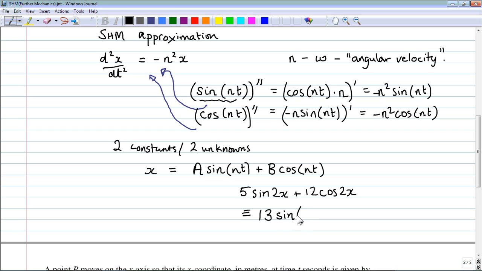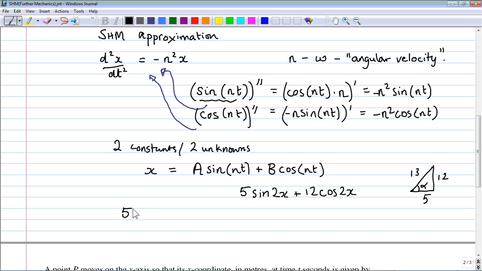It can be written as maybe 13 sine 2x plus, okay, I remember now. If you remember from P3, the way to write this as a single function is to say there's some angle, let's call it alpha, so that cos alpha is 5 and sine alpha is 12, and 13 is the other side of the triangle.